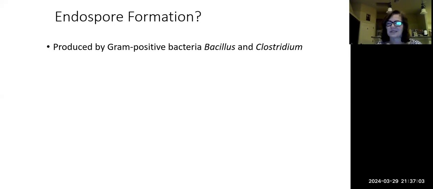If you've ever heard of somebody asking, did you step on a rusty nail? It's not the rust that's the problem. It's these endospores of Clostridium that can survive in these really inhospitable conditions and can cause infection in us. It's a defensive strategy for the bacterium.